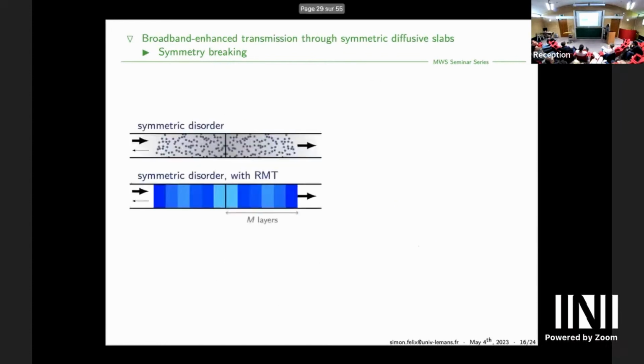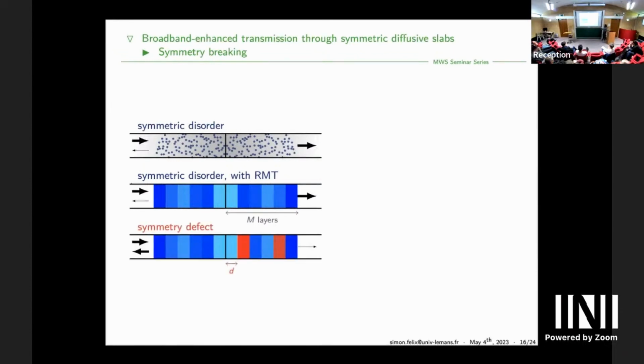So we can go a bit further, and to do this, we will play with random matrices. We will model this system with slices described by random matrices, and we will change some of the slices to other matrices to break the symmetry.